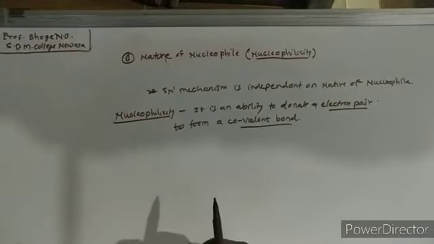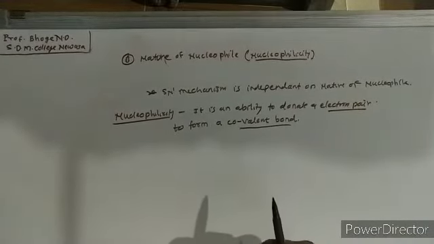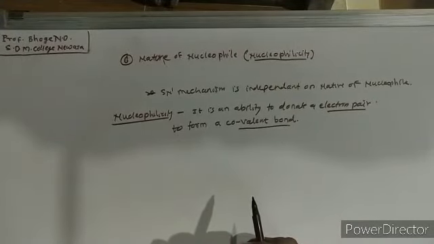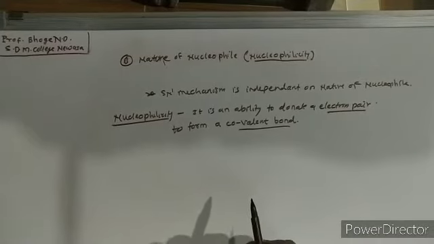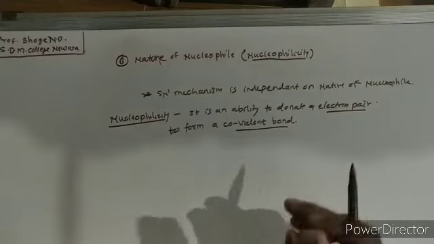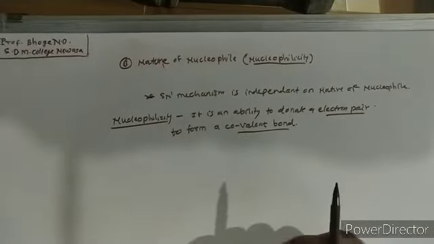The greater the ability to donate an electron pair, the greater the nucleophilicity. The reagent which has more tendency to donate an electron pair has higher nucleophilicity, or can be said to be more nucleophilic.